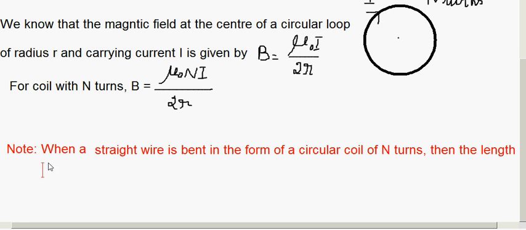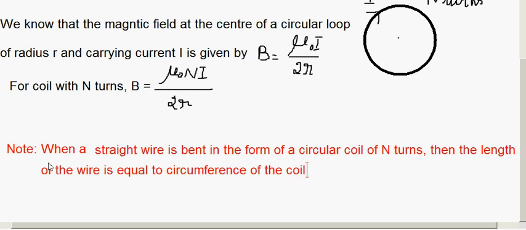The length of the wire is equal to the circumference of the coil multiplied by the number of turns.